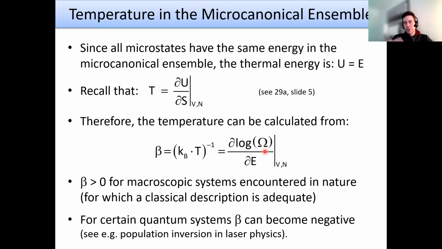So in this case, you're going to have a negative temperature. And this is fine. It is known in physics that in quantum systems like the one I described, with two states, spin up, spin down, for each one of the particles in your system, you can have negative temperatures. This phenomenon is called population inversion, and it also has applications in laser physics.